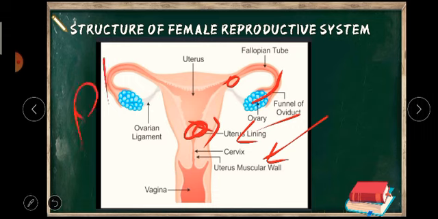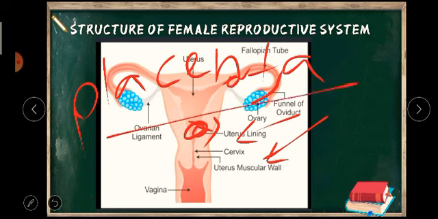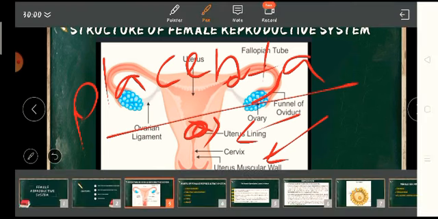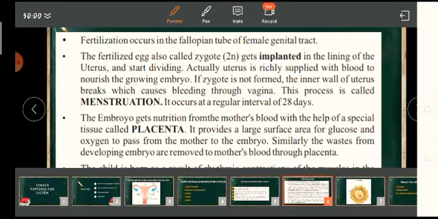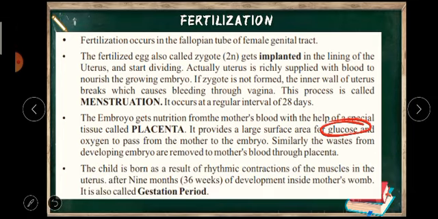Through a special tissue called the placenta. The placenta provides a large surface area for glucose and oxygen to pass from the mother's blood to the embryo.